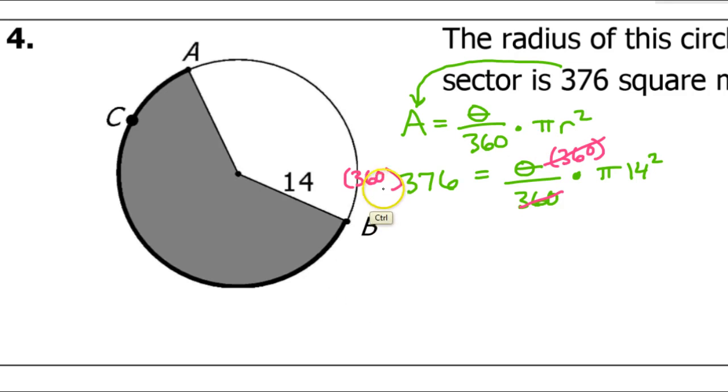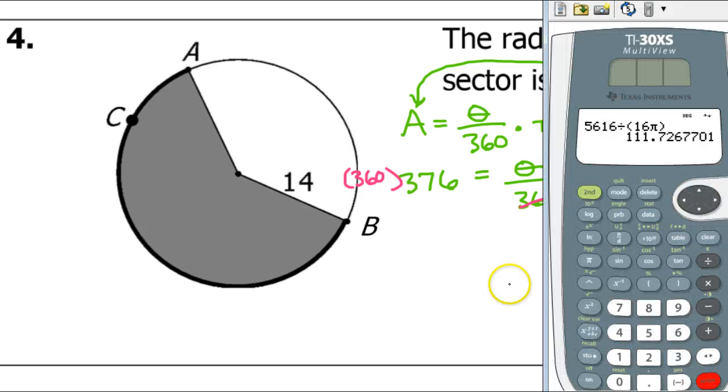Let's find out what 360 times 376 is. 135,360.